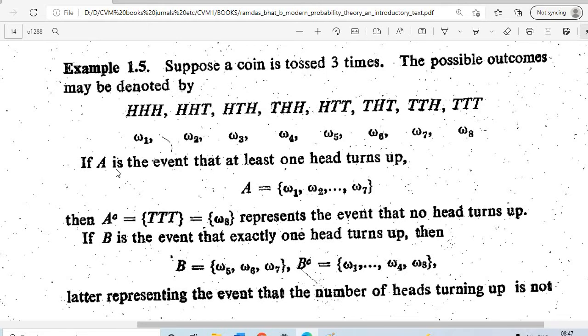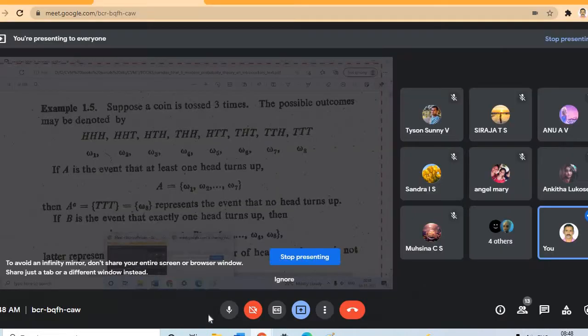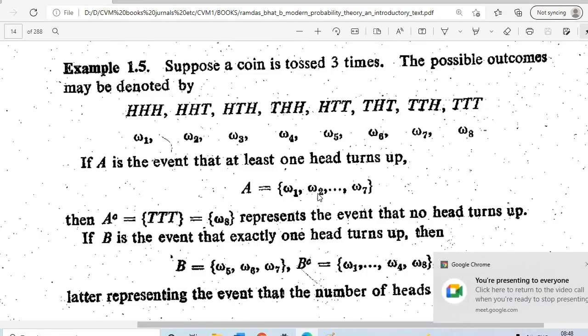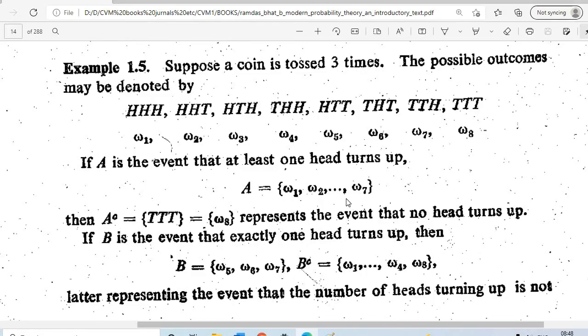Let us denote this collection as A equal to omega 1, omega 2, and so on up to omega 7. A is a subset actually. A is the event that at least one head turns up. At least one head means everything except the outcome with no head.